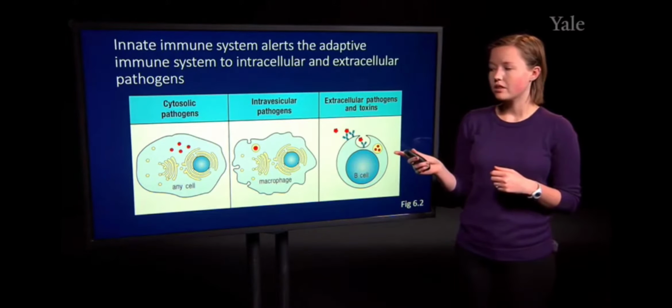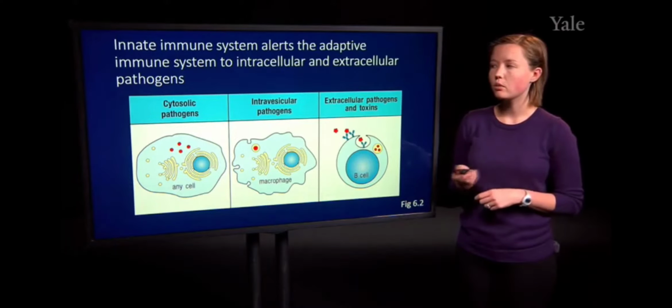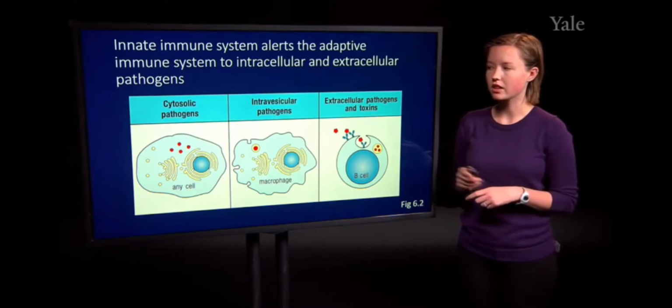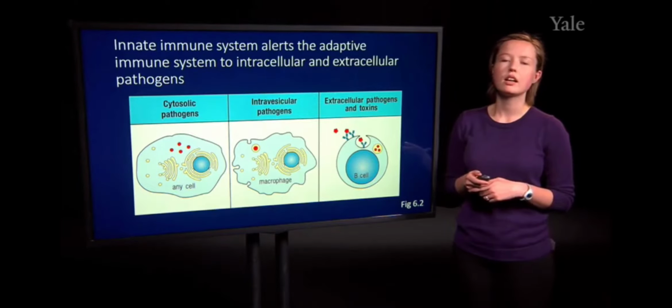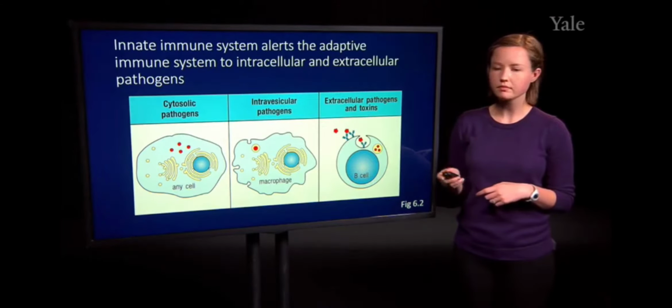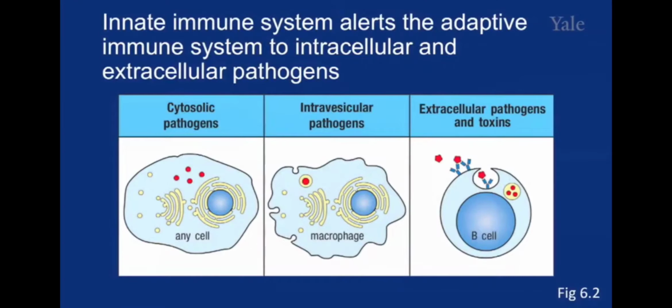So we'll come to see that the cytosolic pathogens and the intravesicular pathogens will be responded to in a very similar way. And then we also have these extracellular pathogens, which will primarily be detected by dendritic cells or other APCs.